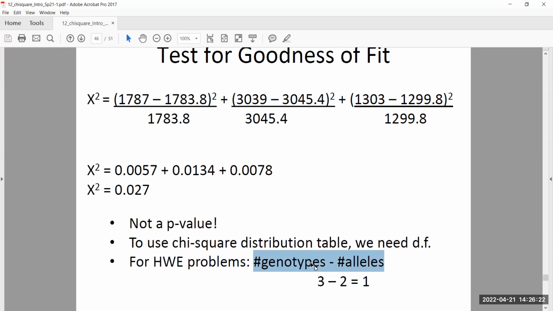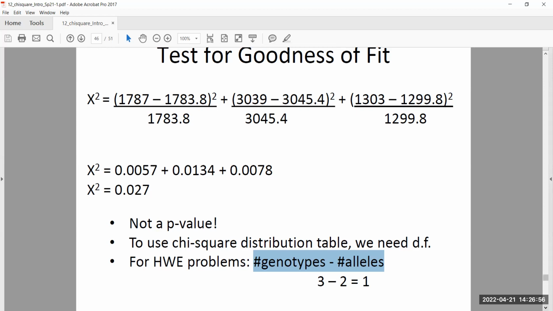So we are just going to do 3 minus 2 equals 1. Our degrees of freedom for all these Hardy-Weinberg equilibrium problems is always going to be 1, until we go on to a higher level class and we have more than 1 gene or more than 2 alleles. But for this class, we're always going to do 2 alleles, 3 genotypes, and we're going to get degrees of freedom of 1.